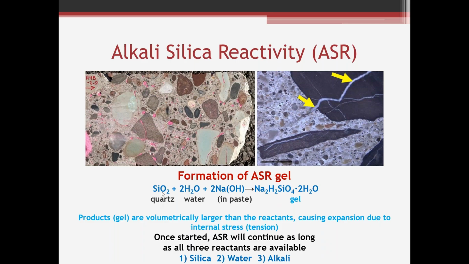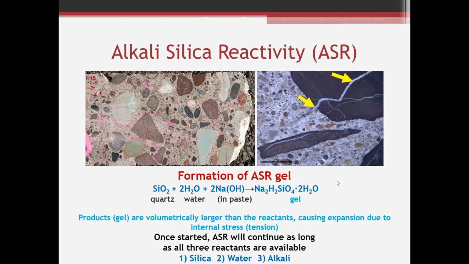Here's your silica, in the form of quartz. Here's your water, that's pretty much in every concrete. And here's your alkali, sodium hydroxide in this case. Add all of these together, and you get this gel. And the gel is volumetrically larger than the reactants.